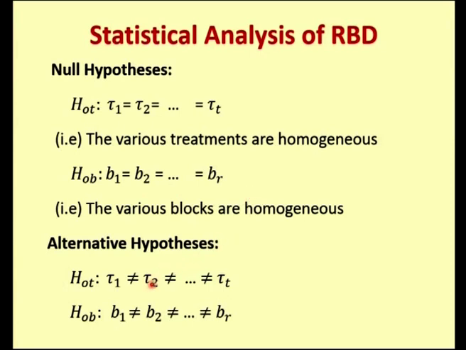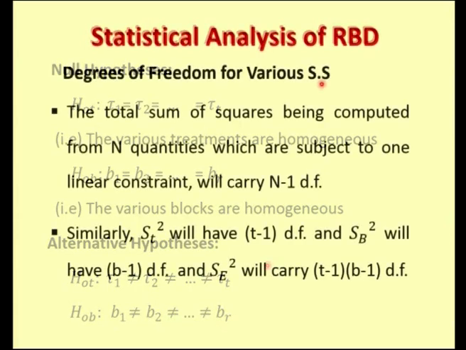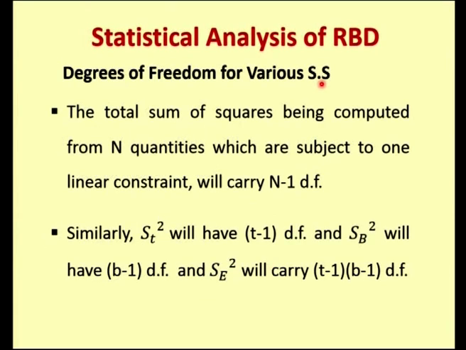And against the alternative hypothesis that tau 1 is not equal to tau 2 is not equal to and so on tau t, and also beta 1 is not equal to beta 2 is not equal to and so on up to beta r.